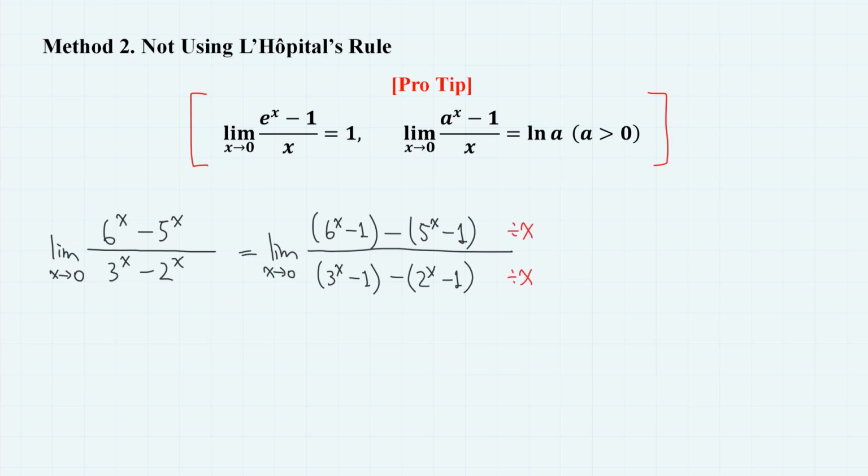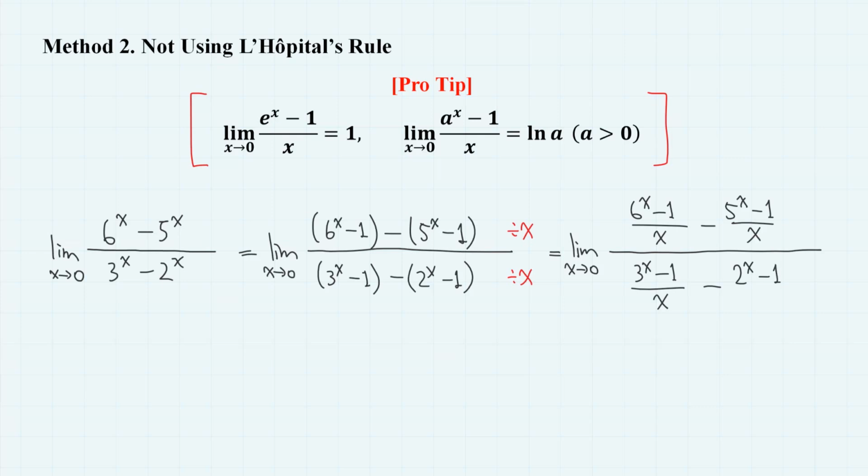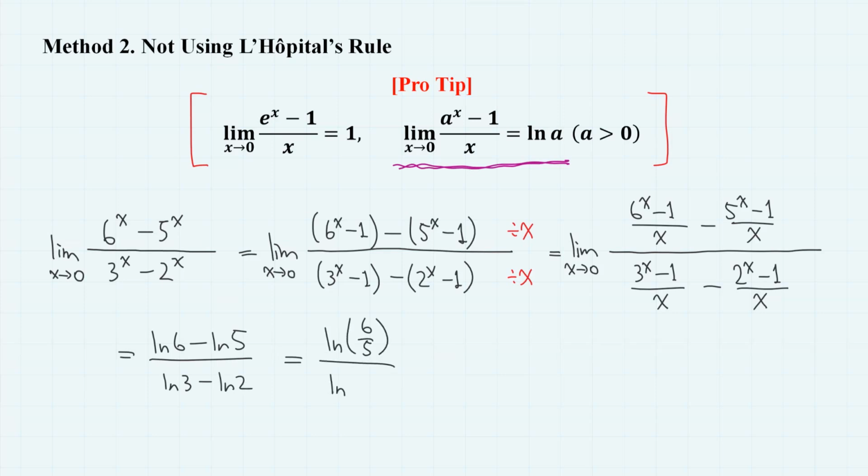Then we divide both numerator and denominator by x, which gives 6 to the power of x minus 1 over x minus 5 to the power of x minus 1 over x, and in the denominator, 3 to the power of x minus 1 over x minus 2 to the power of x minus 1 over x. So now we can apply this limit. So we have ln 6 minus ln 5 divided by ln 3 minus ln 2, or ln 6 over 5 divided by ln 3 over 2.